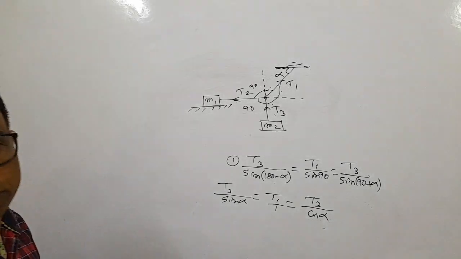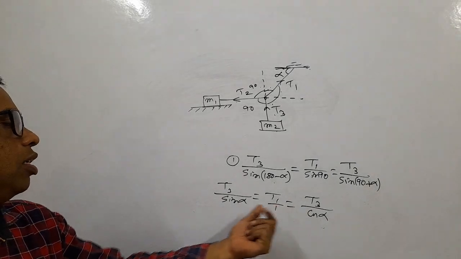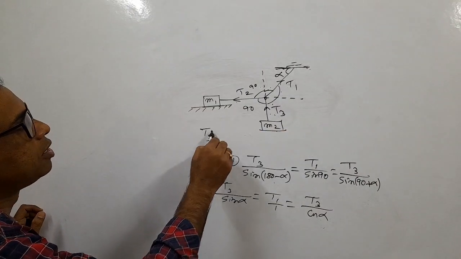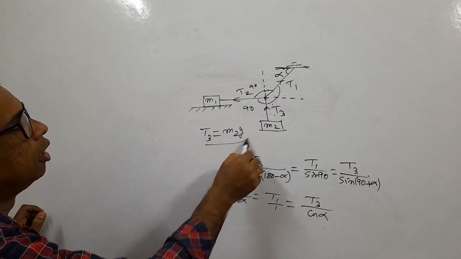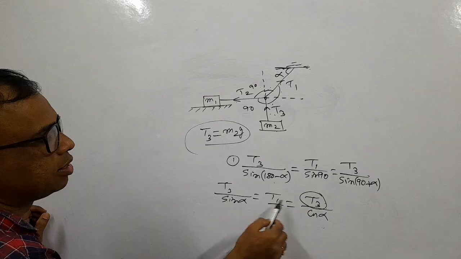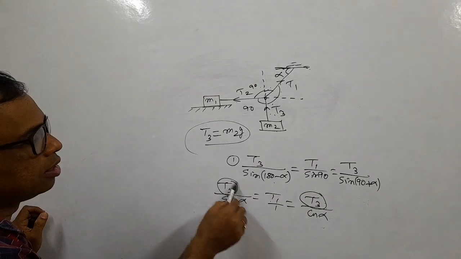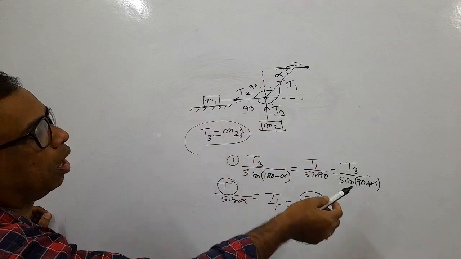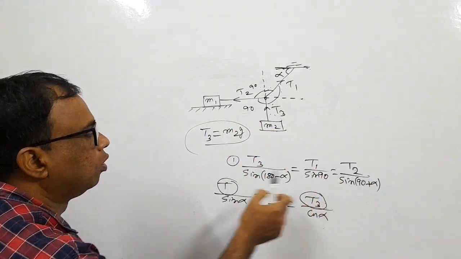So that's Lami's theorem, and you can easily find the relations between T1, T2, T3. For equilibrium, T3 is nothing but M2g. So you can easily find the value of T1 and the value of T2.